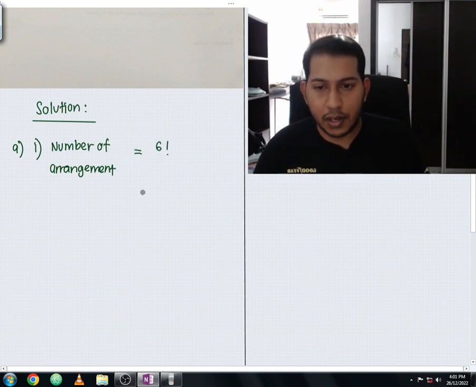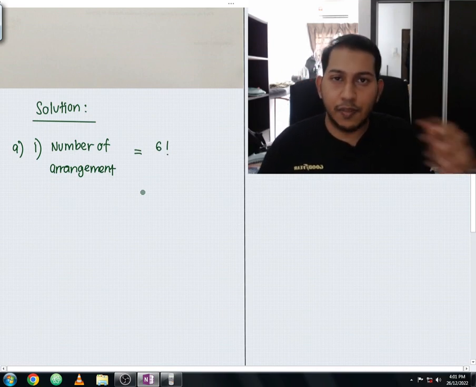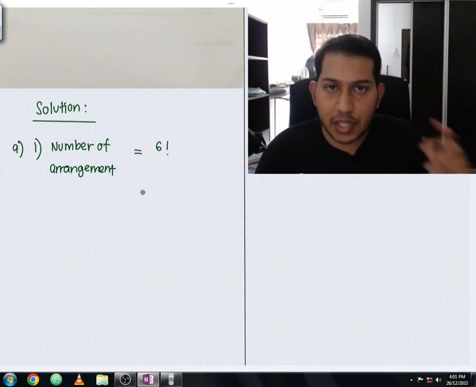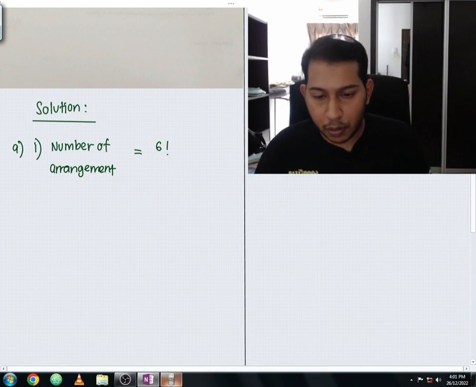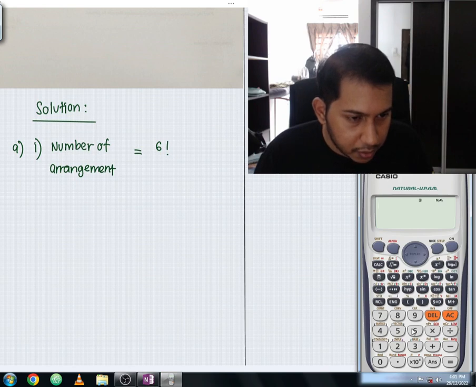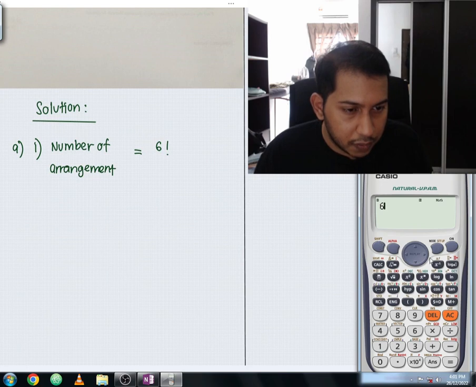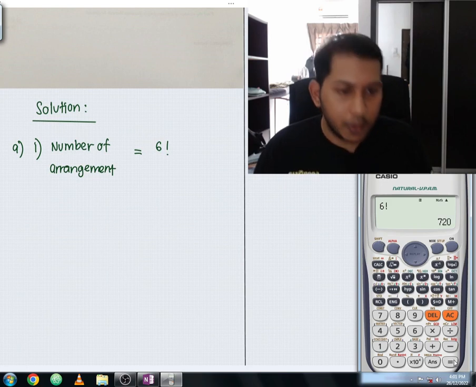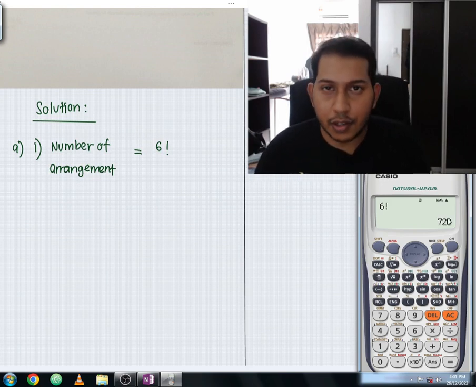6 factorial is also equal to 6 times 5 times 4 times 3 times 2 times 1. Let us find the exclamation; the factorial symbol is over here. 6, shift, factorial, and 6 factorial gives 720.